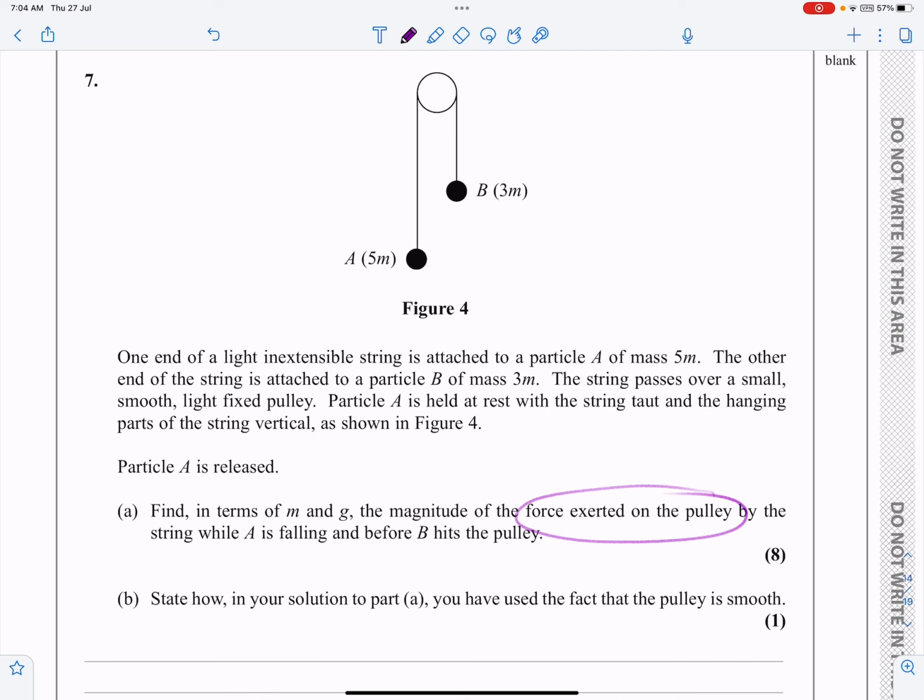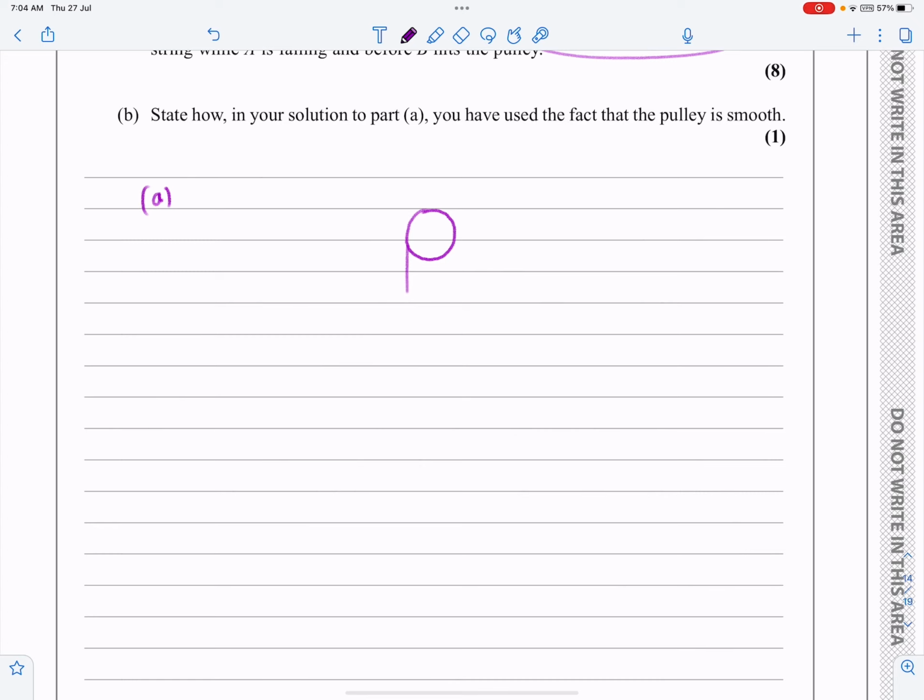Let's get started then. So with this, I always draw out my own diagram. So we've got our pulley here, a mass on one side, a mass on the other side. If this is particle A, then the weight is 5 mg. If this is particle B, then the weight is 3 mg.